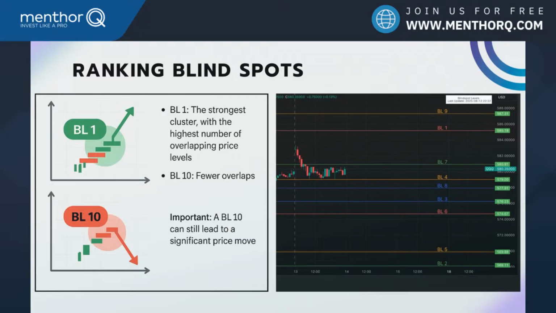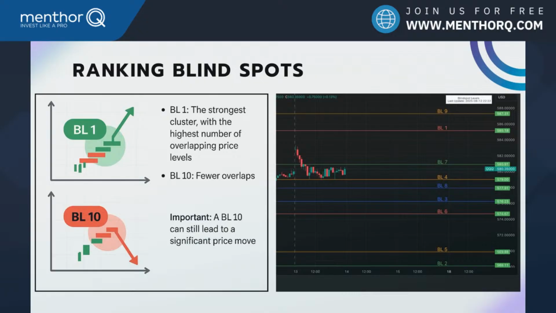A lot of the questions that we get are about the ranking of blind spots. So the models really find zones where price levels from multiple correlated assets overlap, creating clusters of potential market reaction points. These zones are ranked from BL1 that you see at the top to BL10 based on the number of overlaps.